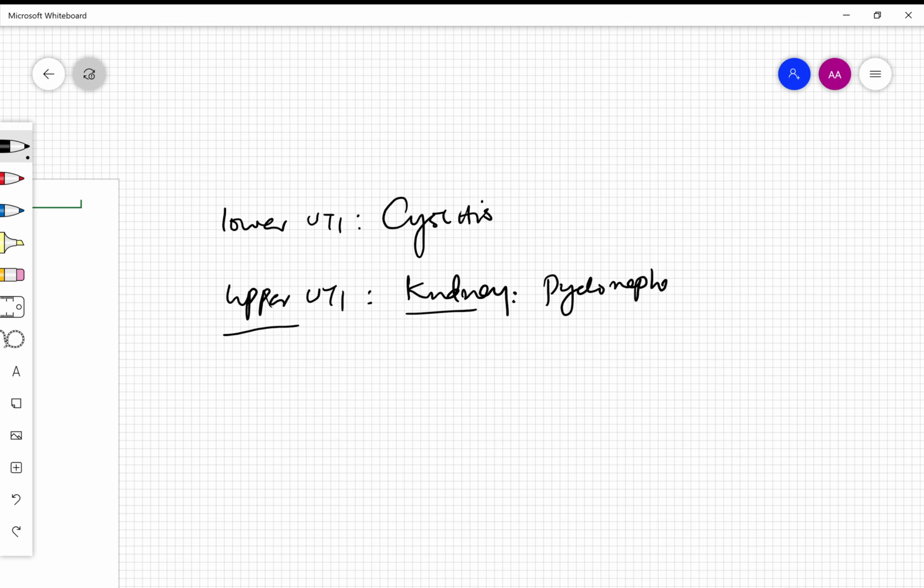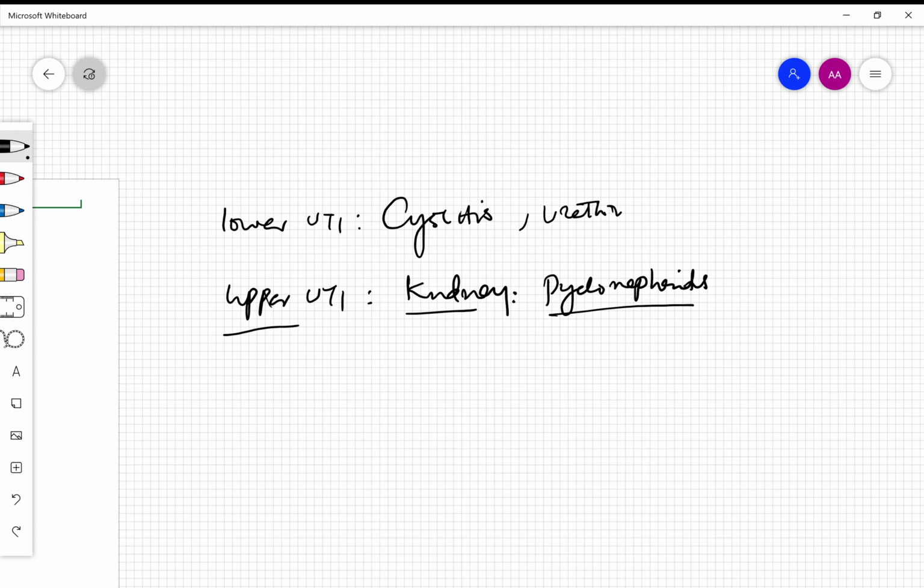So these are the broadest two categories that we classify UTI into: cystitis and upper UTI, which is pyelonephritis. This is a different kind of involvement of the kidney, and it can be, say, a renal abscess, a pyelonephric abscess, like a complication of pyelonephritis.